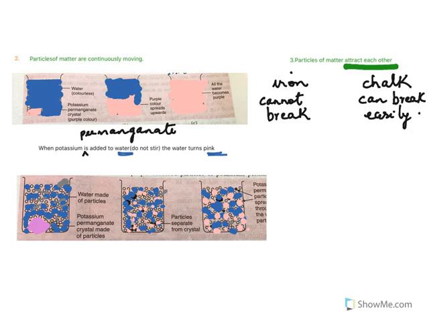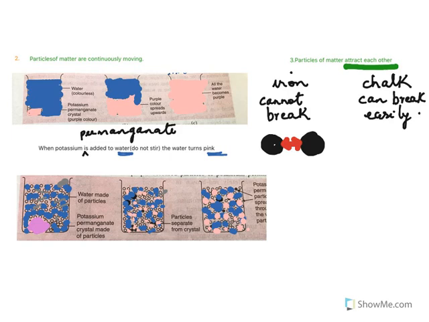Now why is that so? If we have two atoms or two particles of iron, there's one particle of iron here and another particle of iron here, and in between these two particles of iron there is a force. However, in this case the force is very strong and so we can't break it.